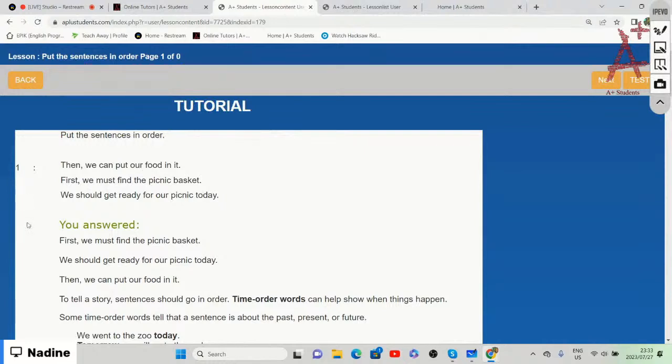It's not a sentence per se, we can basically say it is a phrase. This means that we need to put the sentences in order. First, we must find the picnic basket and we should get ready for our picnic today.